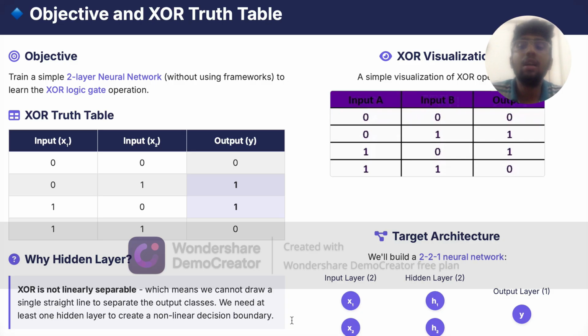We can't draw a straight line to separate the output classes. So we need at least one hidden layer to create a non-linear boundary, like a curve. As the target architecture displays, we are going to build an input layer, a hidden layer, and an output layer.